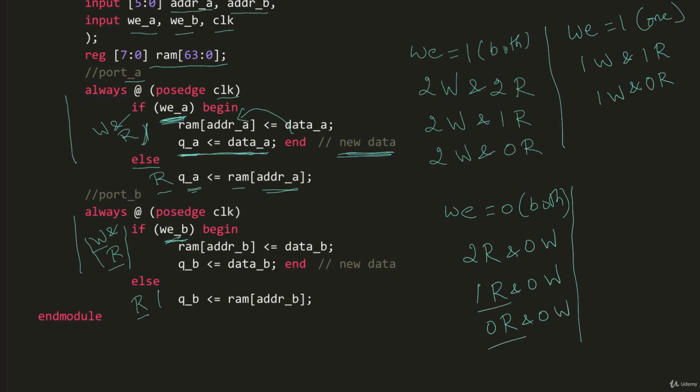So read is always optional, and the processor can choose to read or choose to ignore one of them or choose to ignore both of them. Right? So if write enable is 0 in only one of the blocks, then we are into this case where we have one write and one read, or one write and 0 read.